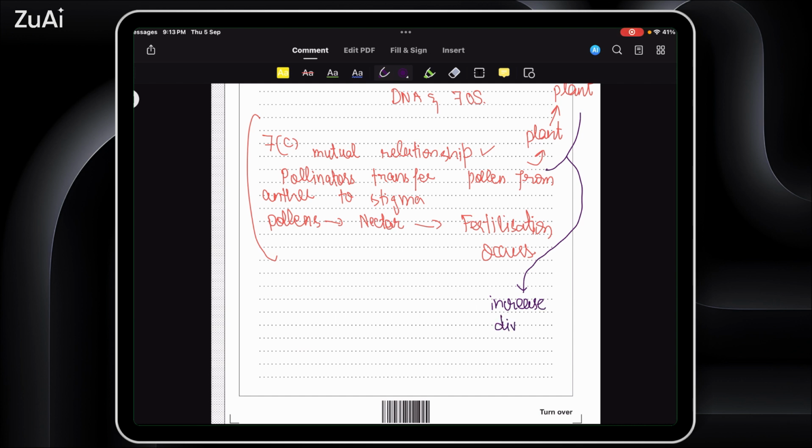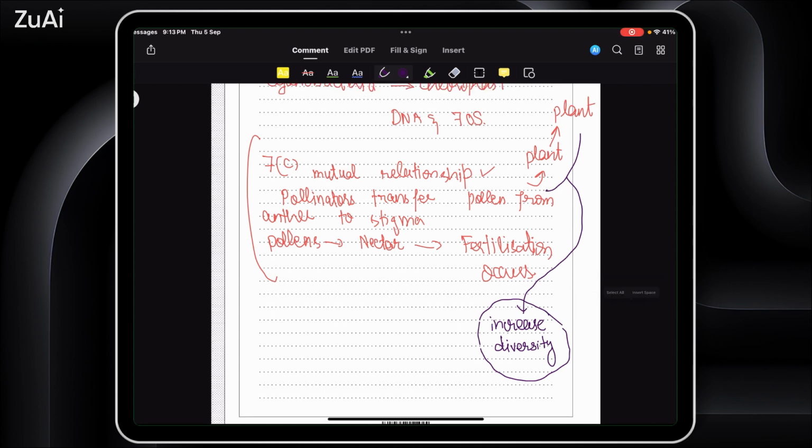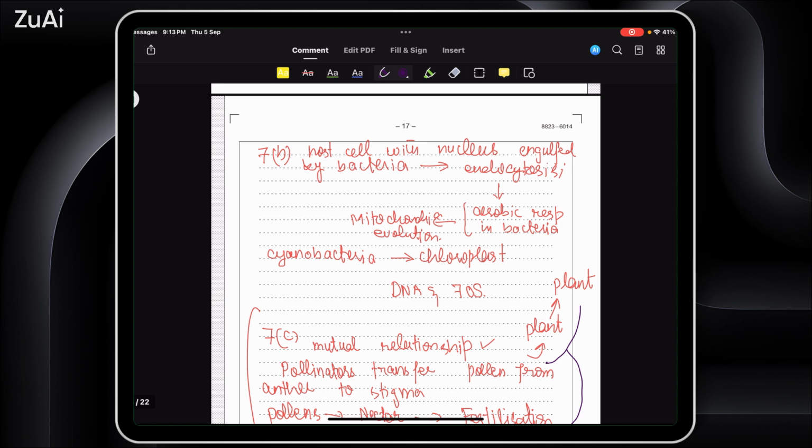You also have to mention this point as well. This process increases diversity. I hope you understand this.